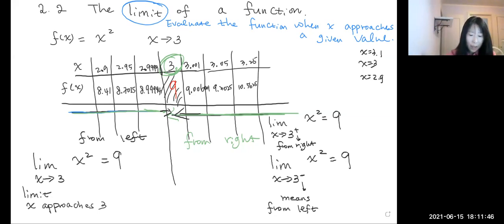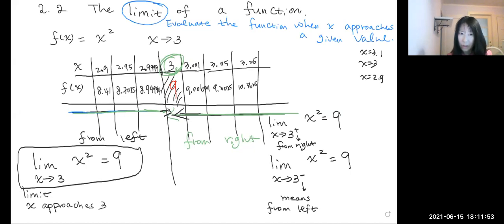So in this case, we don't have any plus or minus notation there. Since they match, they agree on the number for the limit of the function. So we just conclude the limit exists, and when x approaches 3, the limit of x squared is equal to 9.